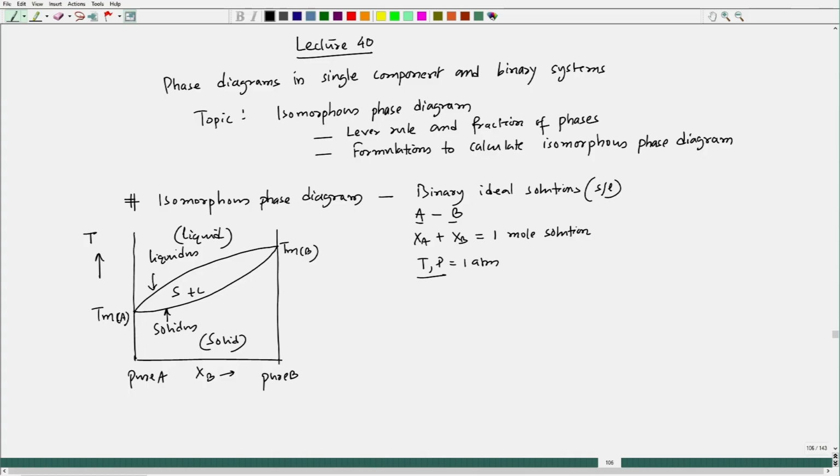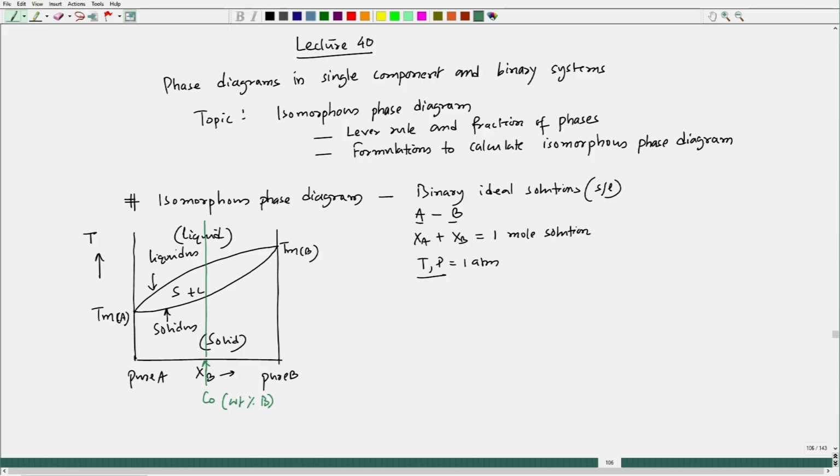So, in fact, we can actually sense, for example, let us say I take a composition at this location, let us say a composition like this. Let us say this composition is C0. Okay. Now, we can change the composition axis to weight fraction or weight percentage of B. Instead of mole fraction, we can change it to weight fraction.